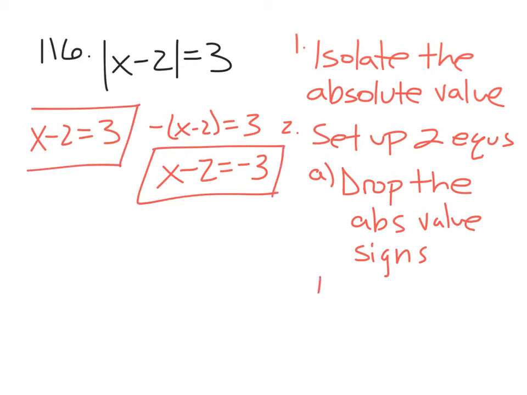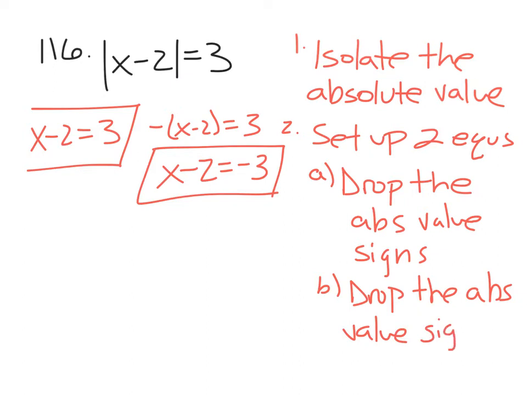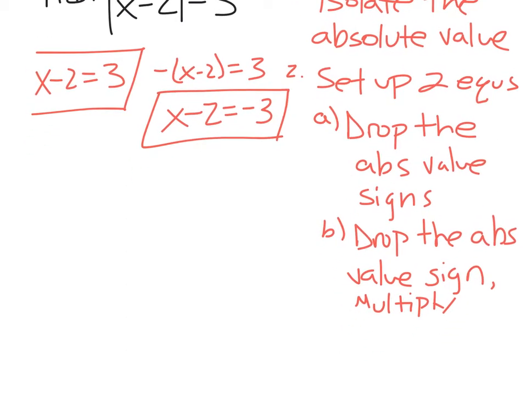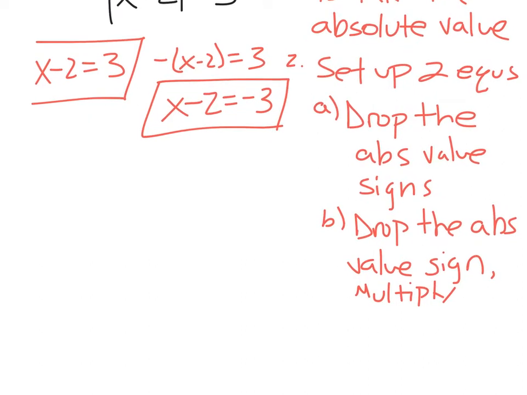All right, so the second one is drop the absolute value sign. But multiply, because you got to set up two of them.